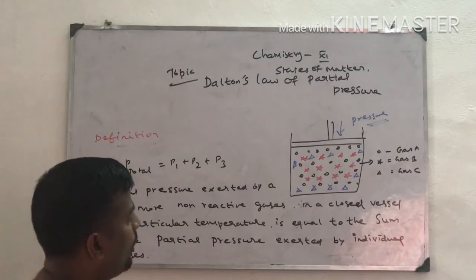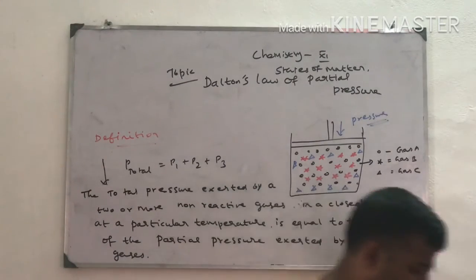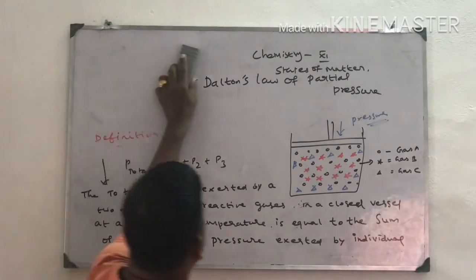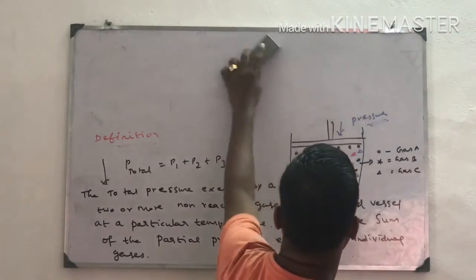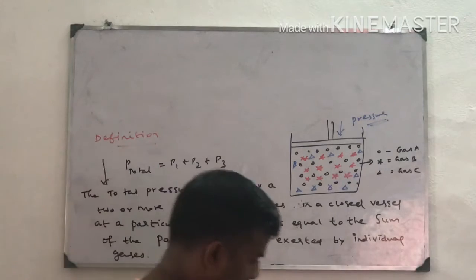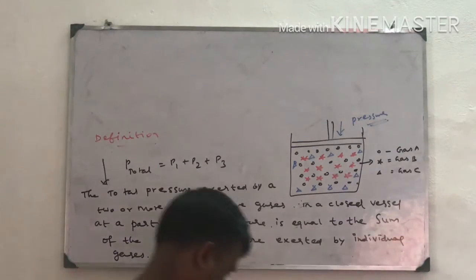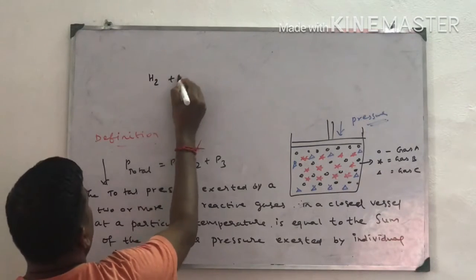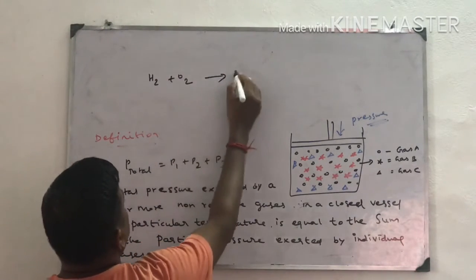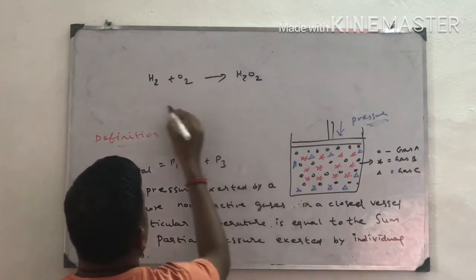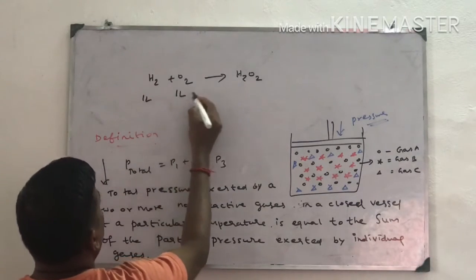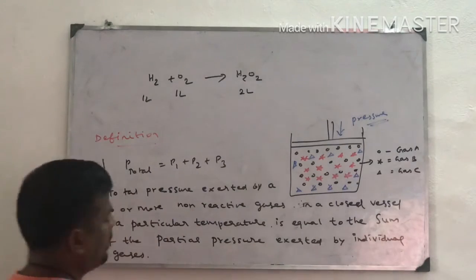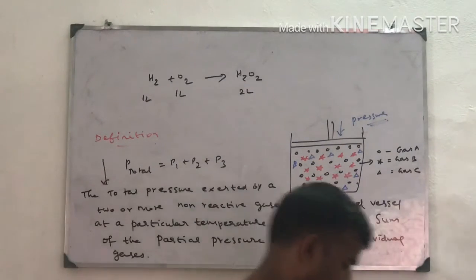Now I am going to explain with the help of one example. Suppose H2 plus O2 gives H2O2, hydrogen peroxide: 1 liter of H2 and 1 liter of O2 give 2 liters of H2O2.